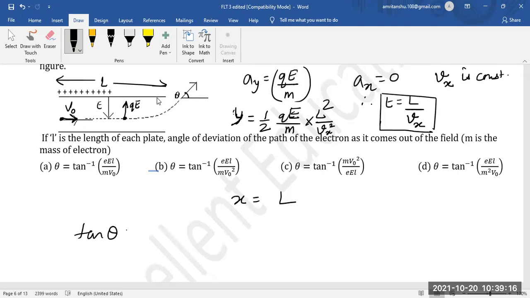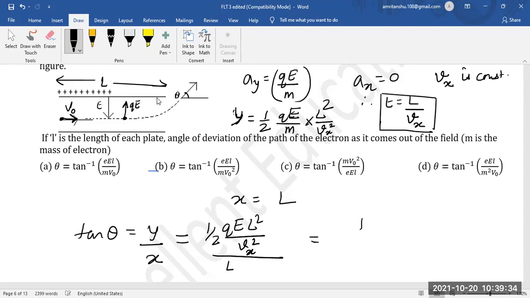Tan theta here will be displacement along y upon displacement along x. So displacement along y is half q e, and Q can be also written as e as given over here, L square upon vx the whole square, upon L.